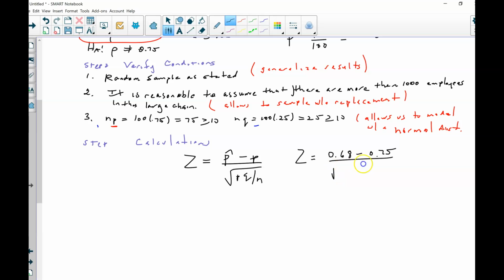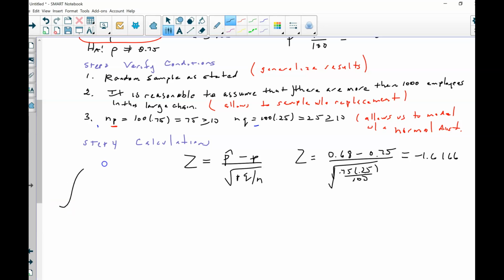And again, in our test statistic, we're using the 0.75 times q, which is 0.25, over 100. Notice that n is also under that radical. And so we're going to put this into the calculator, and we get negative 1.6166.